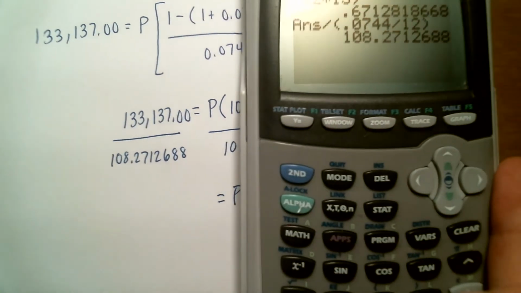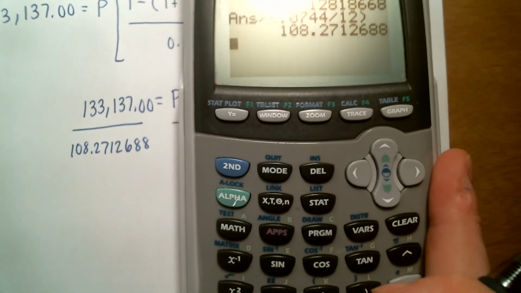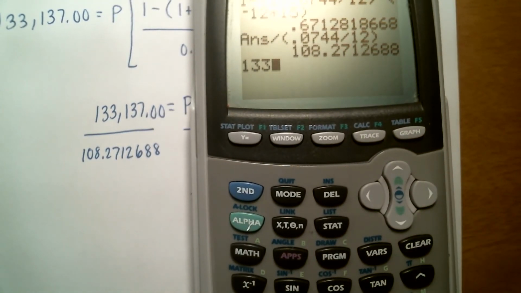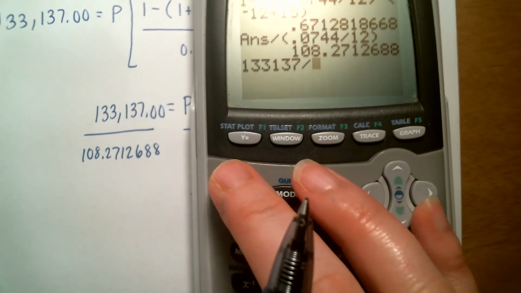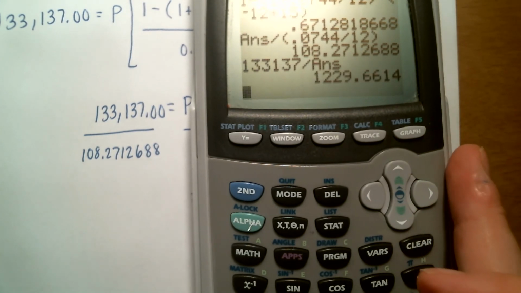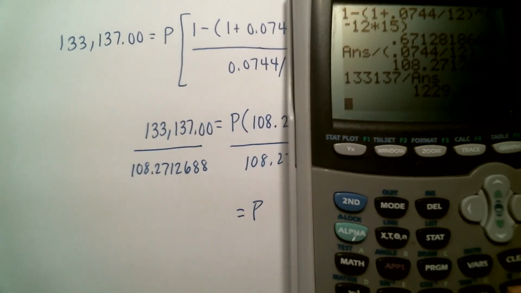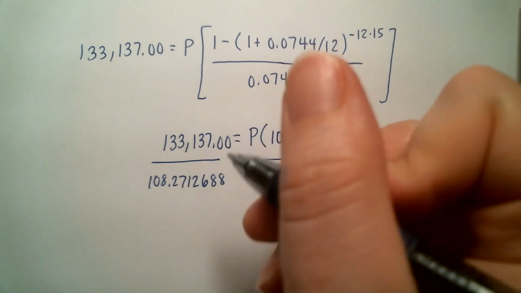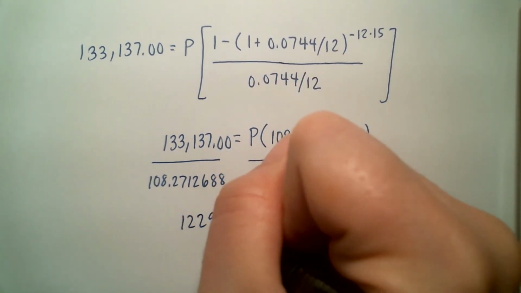All we need to do here is take the $133,137 and divide by this previous answer. If you type it in, make sure you use all the digits. That's going to be the monthly withdrawal. Let's write this down. $1,229.